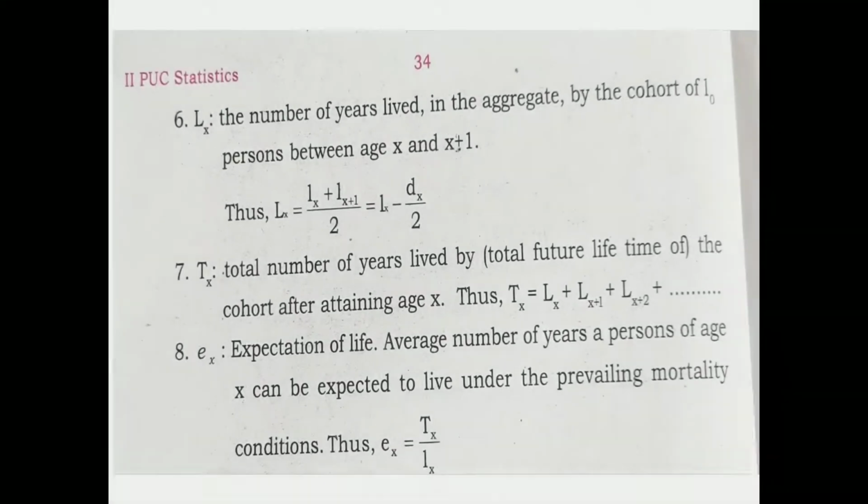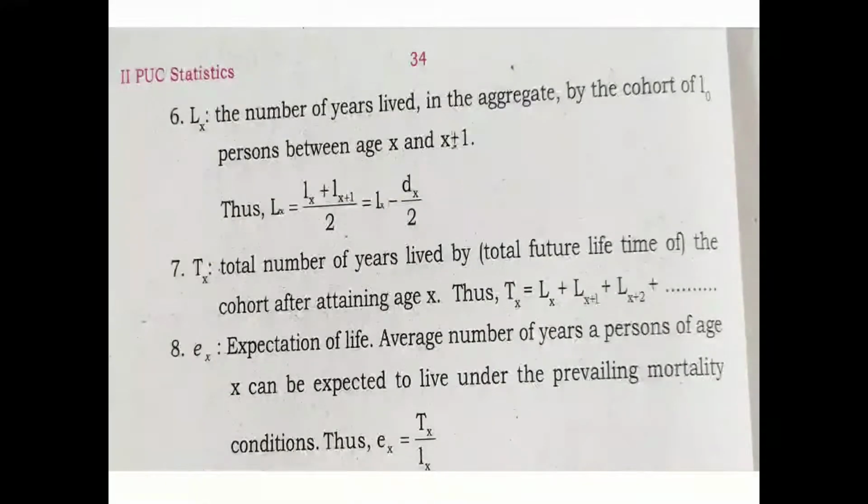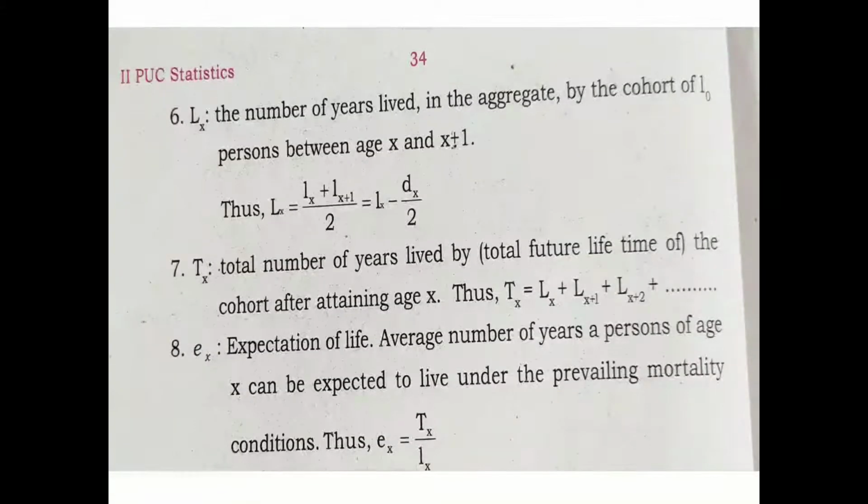Next, the sixth component, capital Lx, the number of years lived in the aggregate by the cohort of l0 persons between age x and x plus 1. Thus Lx is equal to (lx plus lx plus 1) divided by 2, which is equal to lx minus dx divided by 2.